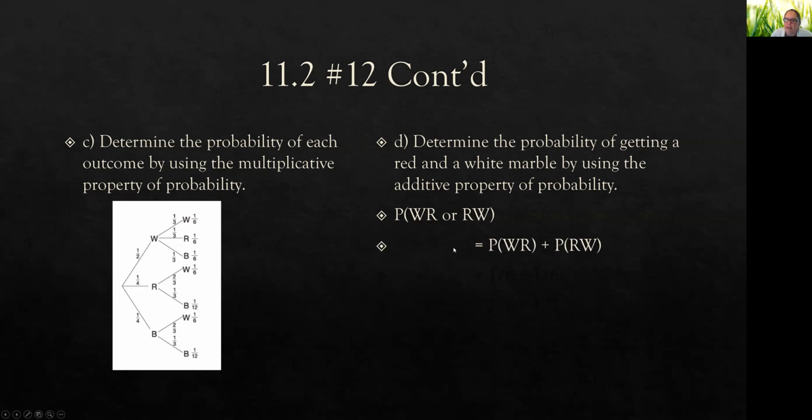Okay, and the additive property tells us we can add the probability of white and then red plus the probability of red and then white. Okay, and the probability of white and then red is 1/6, and the probability of red and then white is also 1/6. So we're adding 1/6 plus 1/6, and we get 2/6 or a third.